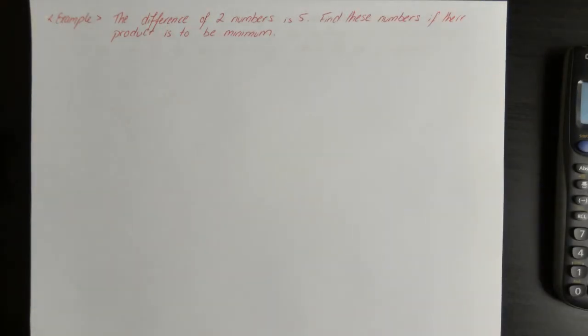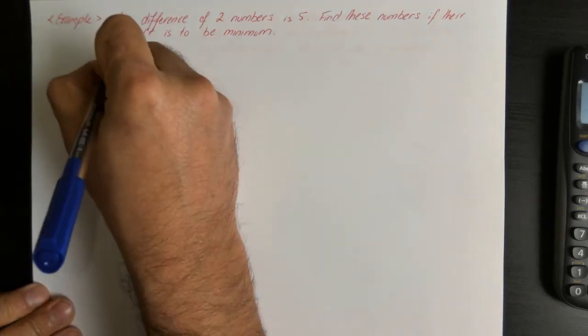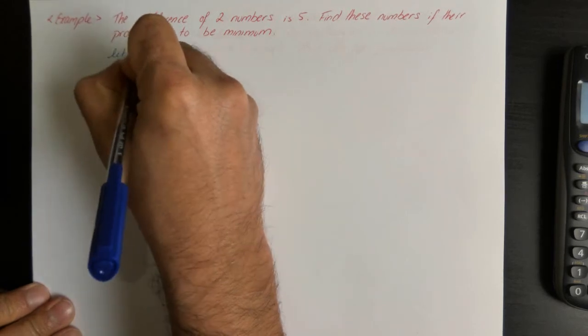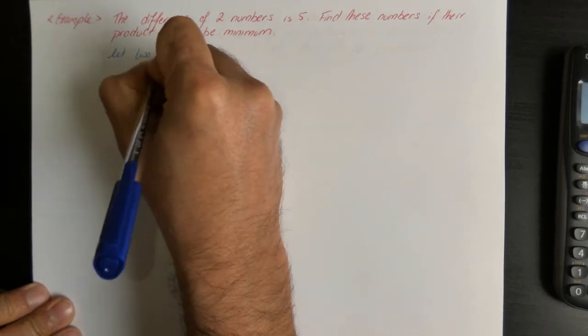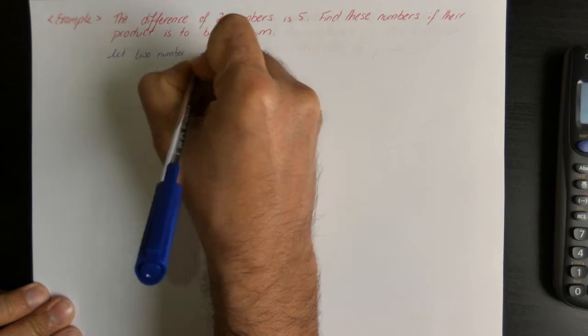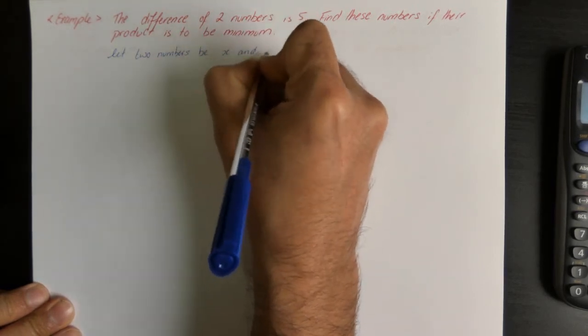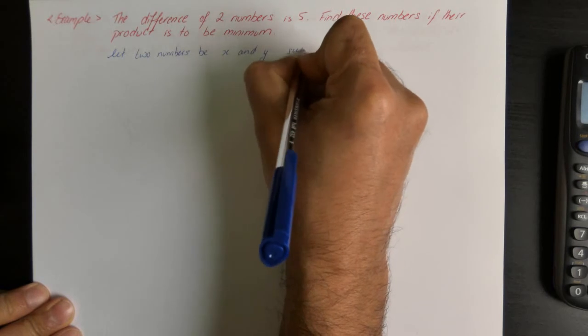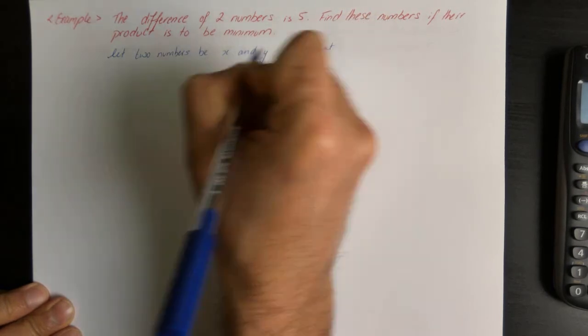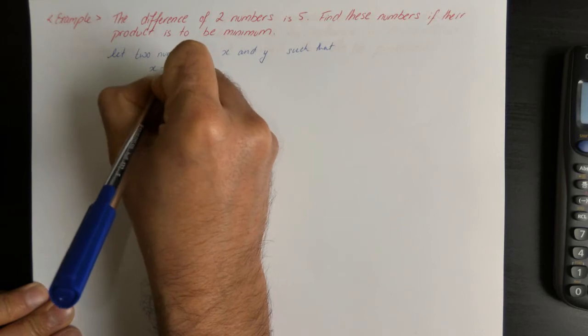Okay, example 2. We have the difference of two numbers is 5, so let the two numbers be x and y, such that x minus y equals 5.